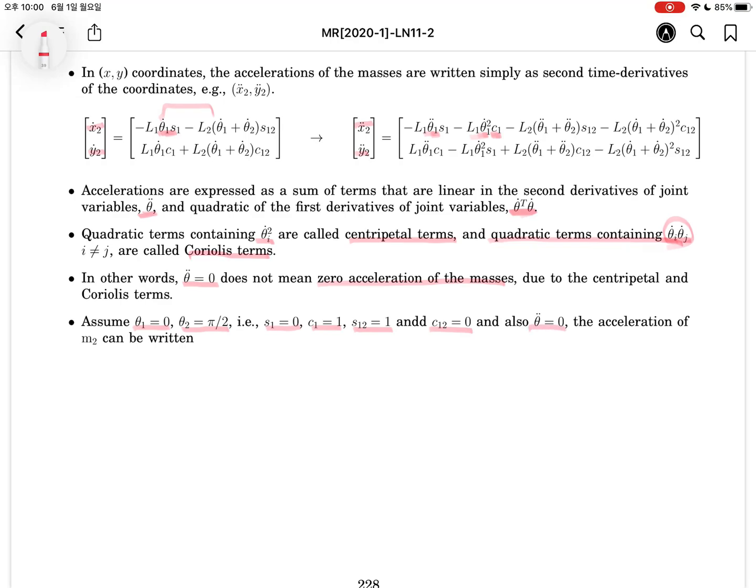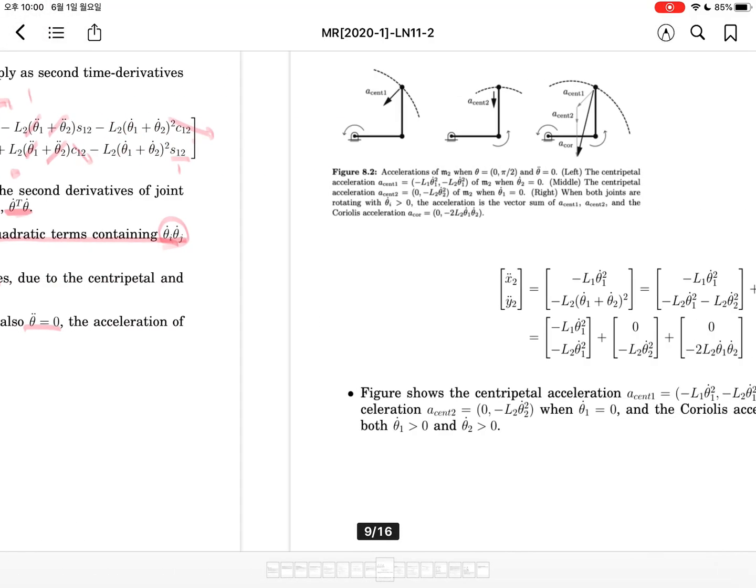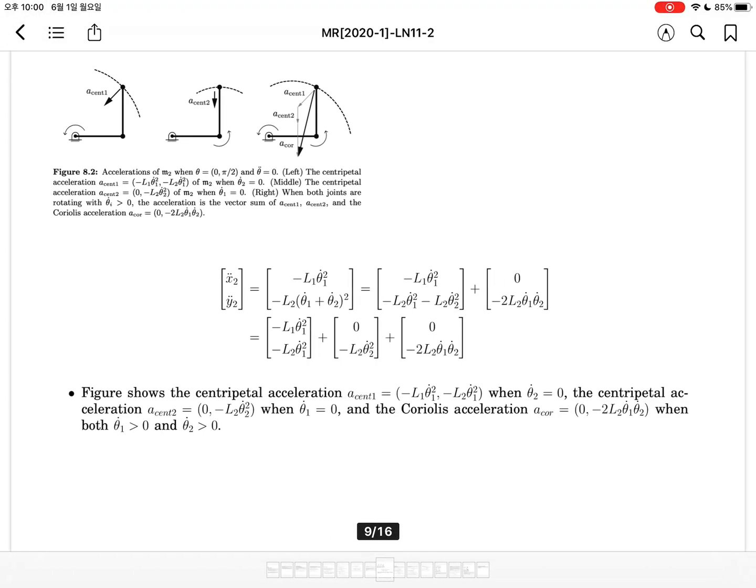Then we apply zero angular acceleration, so those terms disappear. So we have just two terms.